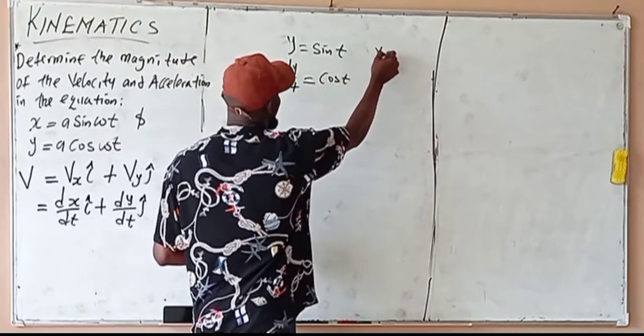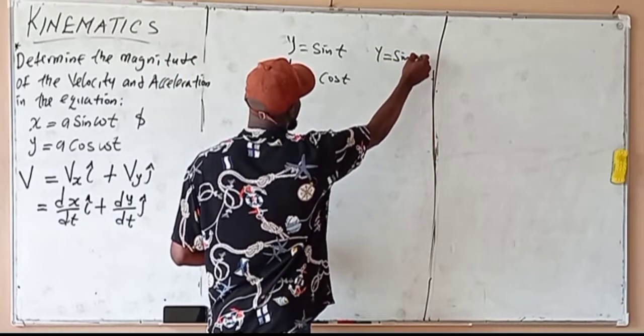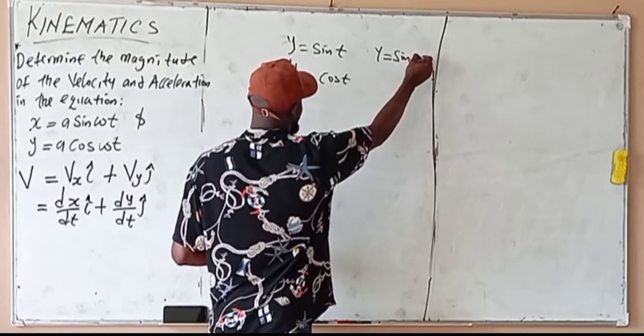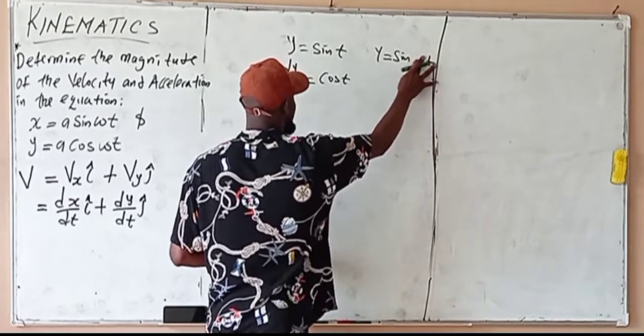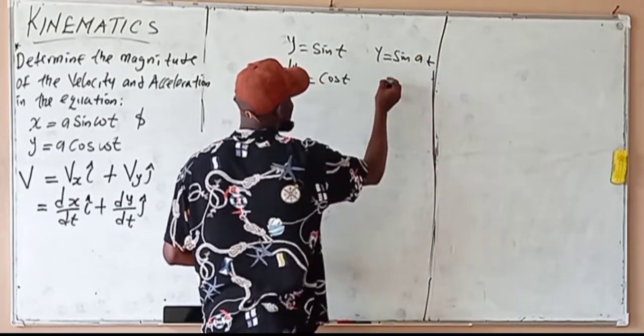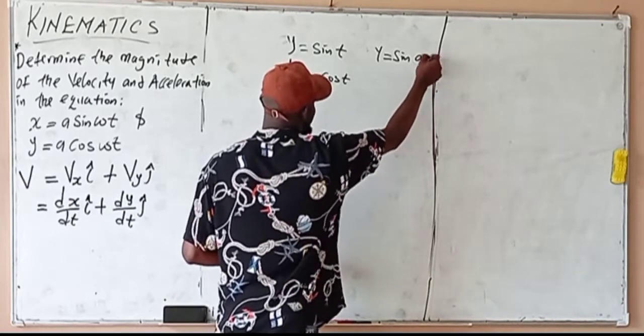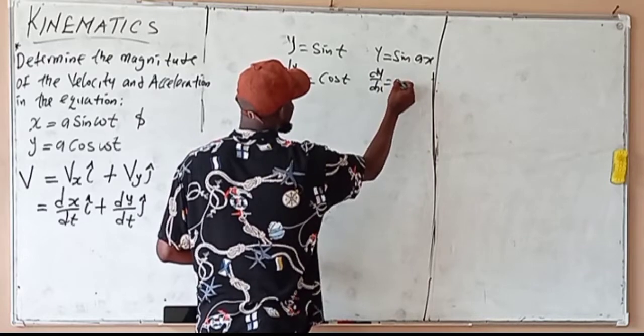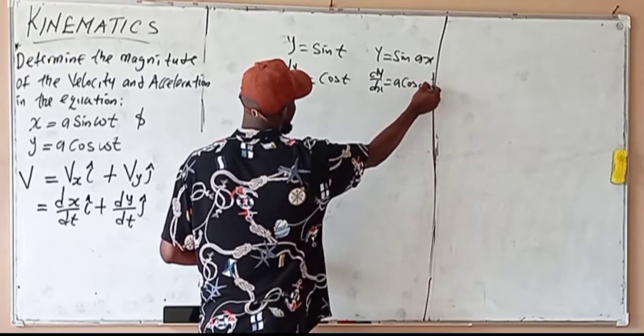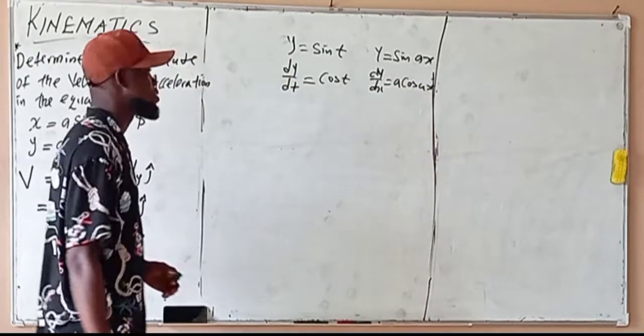Then if you have y equal to sine of a number, let me just use an arbitrary one, ax, the dy over dx will be a cos of ax. That's how to do it.